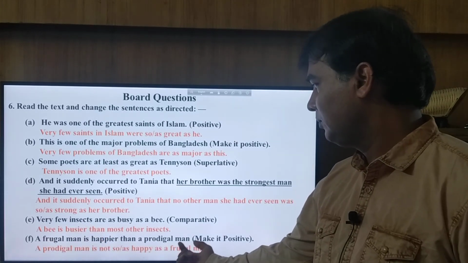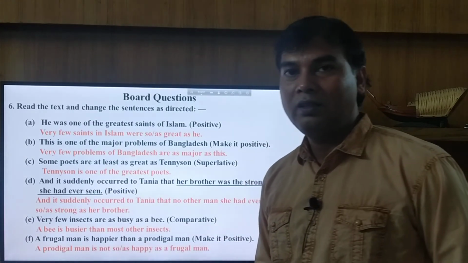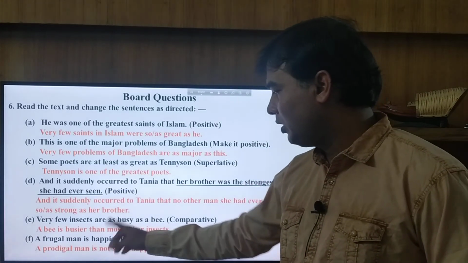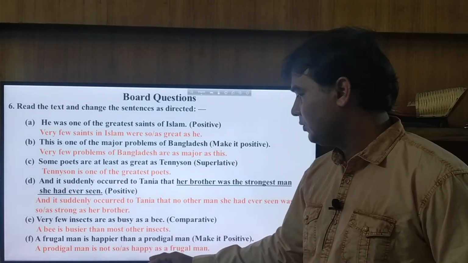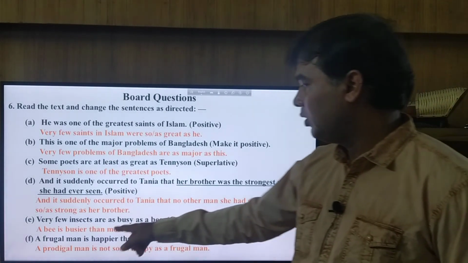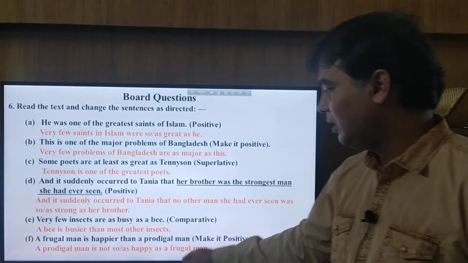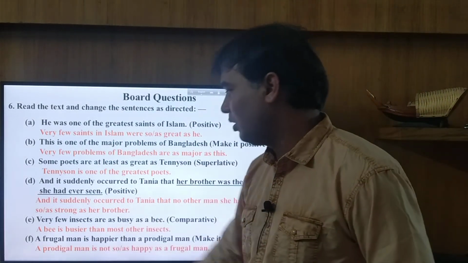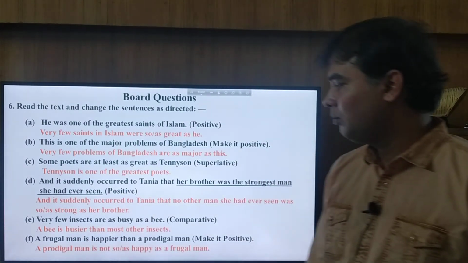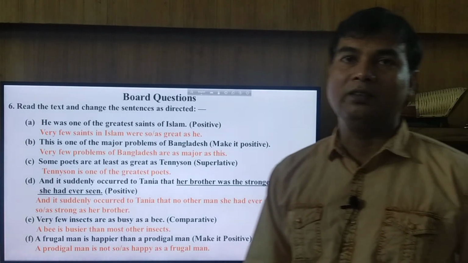First of all, a prodigal man, then the auxiliary verb is, then according to the rule we have to write not, then so or as, and then the positive form of the adjective happier, which is happy, and then according to the rule we have to write as, then the subject a frugal man. So, the answer is: a prodigal man is not so happy as a frugal man.